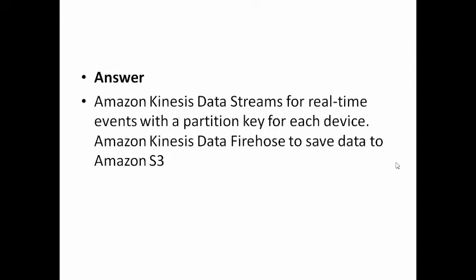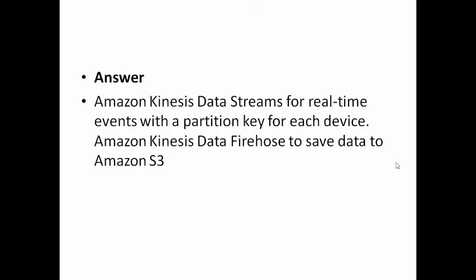So we can use Amazon Kinesis data streams for real-time events with a partition key for each device. And we can use Kinesis data firehose to save the data to Amazon S3, which can be used for processing in future. So Amazon Kinesis data streams collect and process the data in real time, as we have seen in previous scenarios.